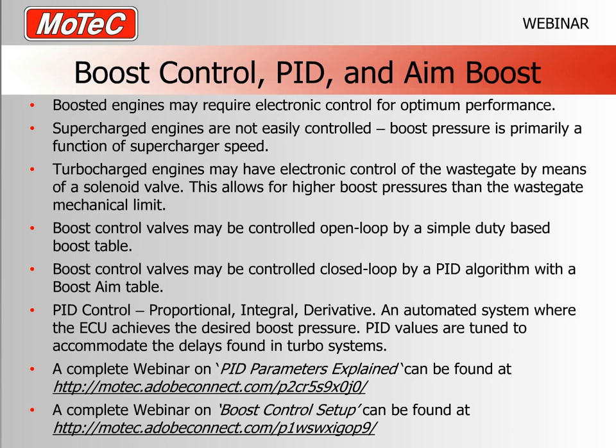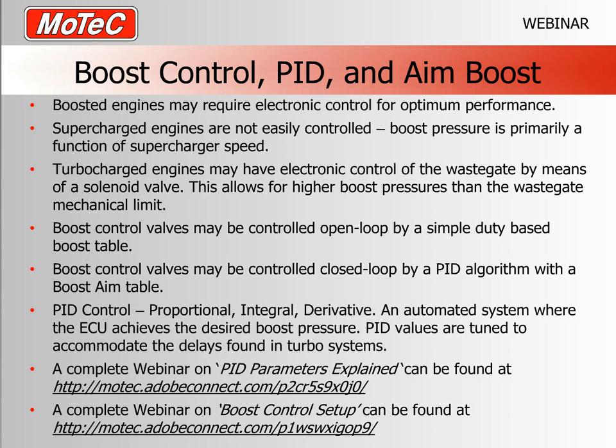So that introduces this term of PID control, and that is proportional integral derivative control. So this is a closed loop automated system where we simply specify the boost pressure we're after, and the ECU controls the solenoid valve to achieve that pressure.